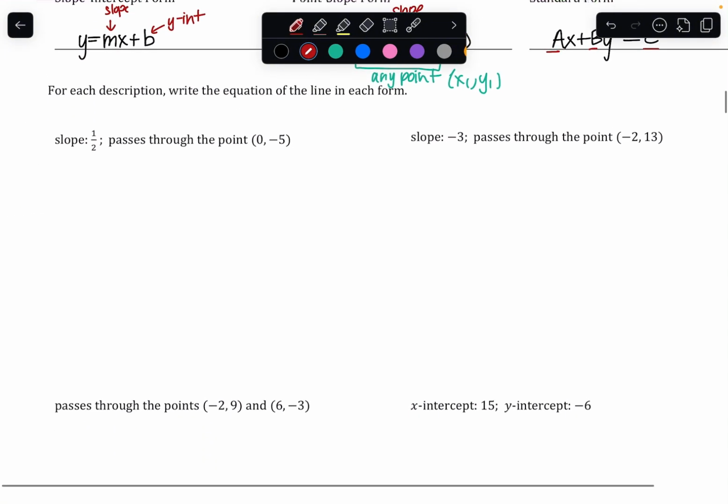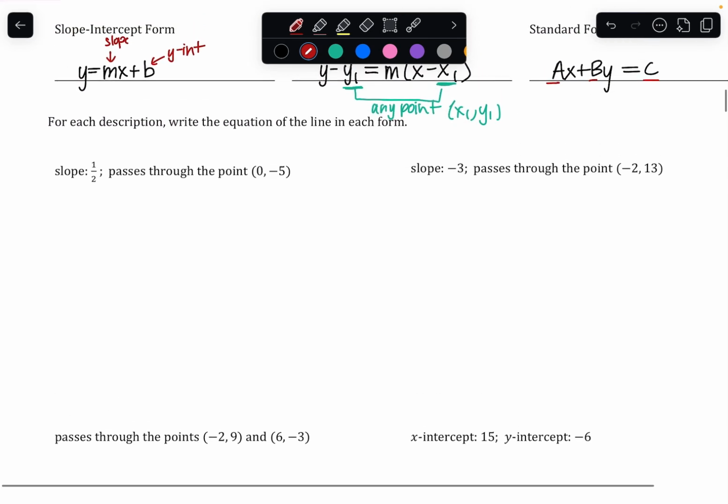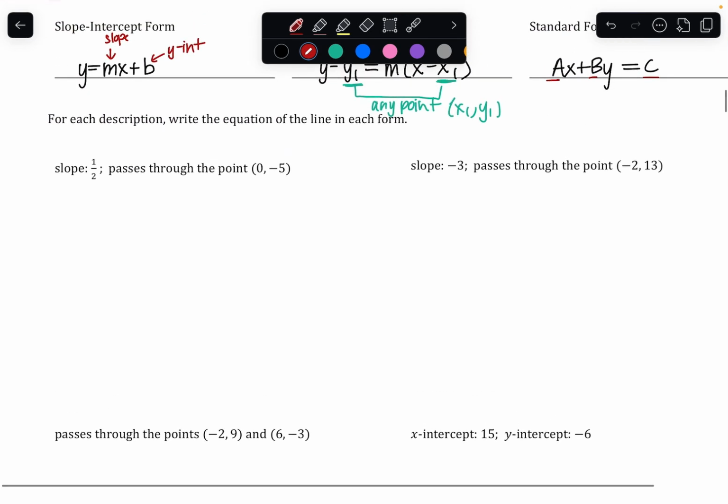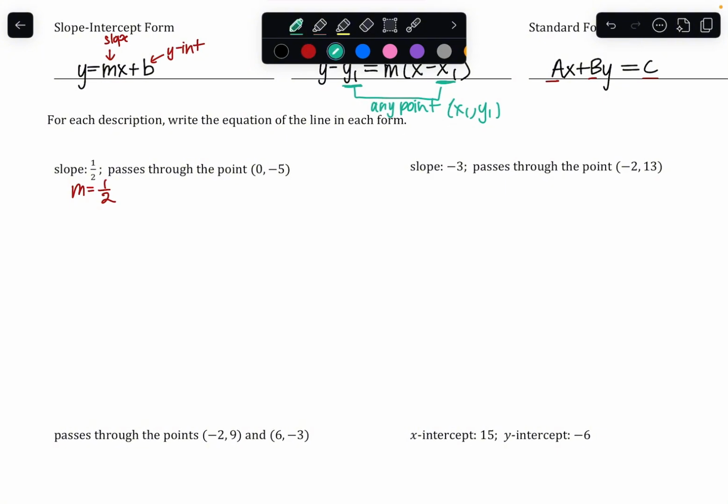Okay, and so for these next few examples, we're going to write the equation of the line in each form. And so depending on what we're given, that determines where we're starting. And so here we are given the slope is 1/2, and it passes the point 0, -5. Well, we recognize that as our y-intercept, and so that means our b value is -5.